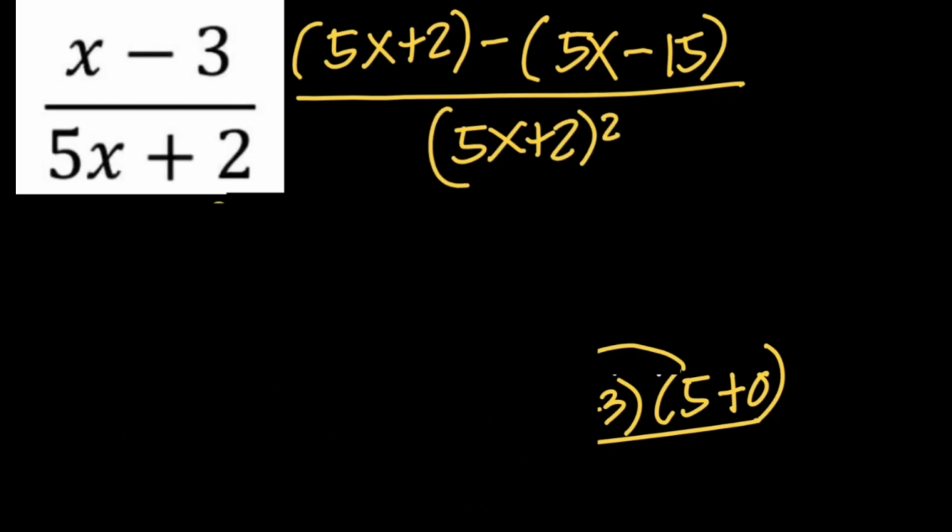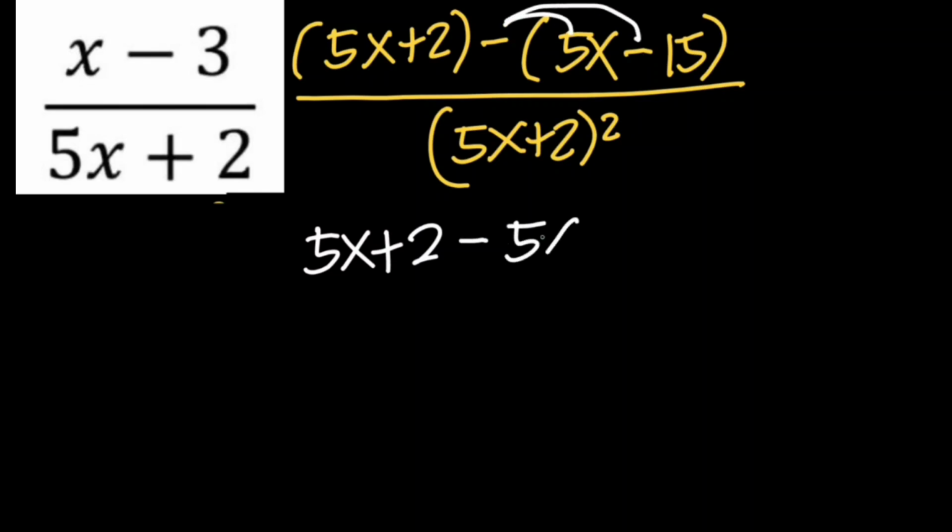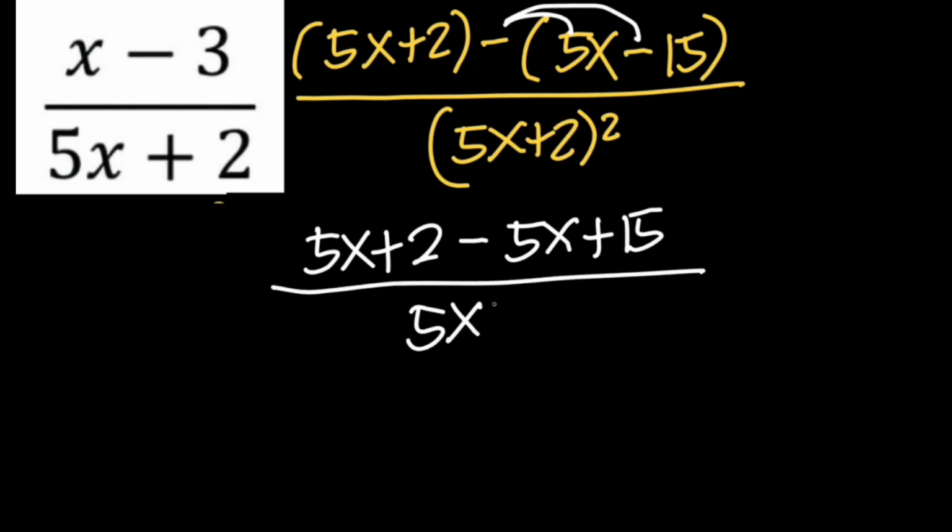Then we further simplify this. We have 5x plus 2 minus 5x minus 15. We distribute the negative sign, so this would become minus 5x plus 15 over 5x plus 2 squared.